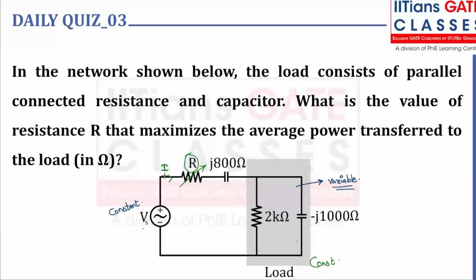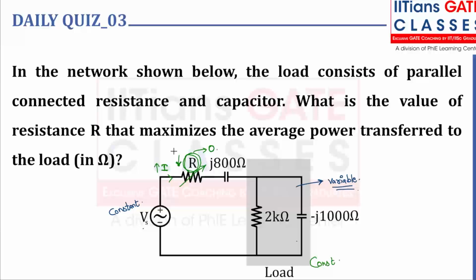Now for this to happen, this R should get less and less. So what is the value of resistance R that maximizes the average power transferred? The value of R should actually be 0 so that the current is maximized.